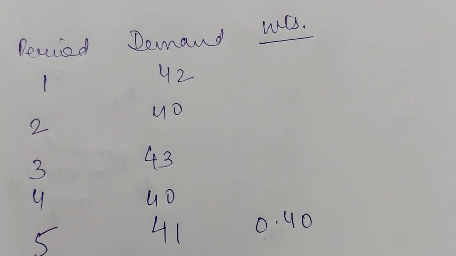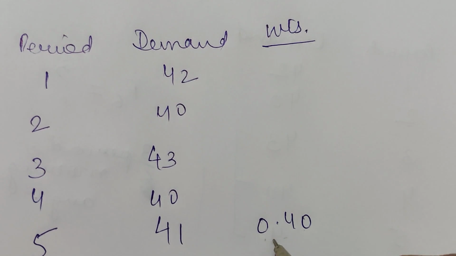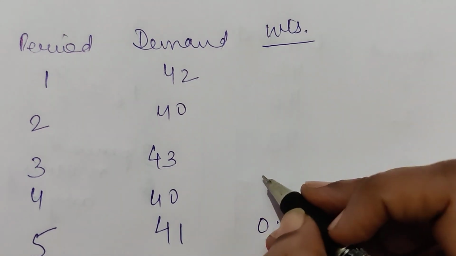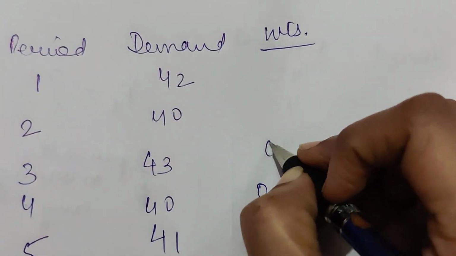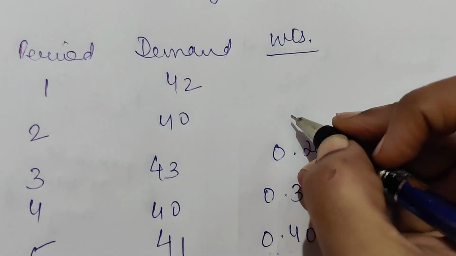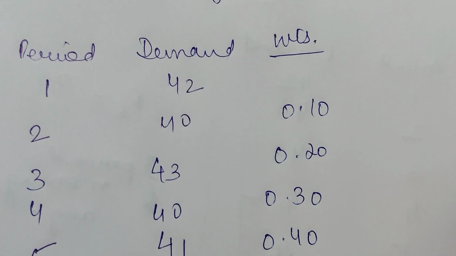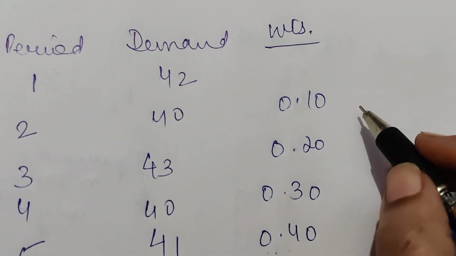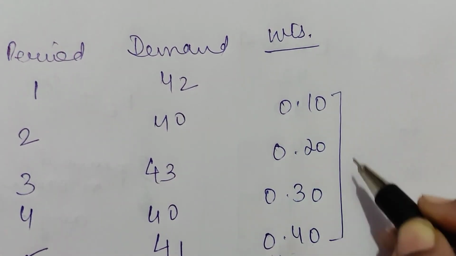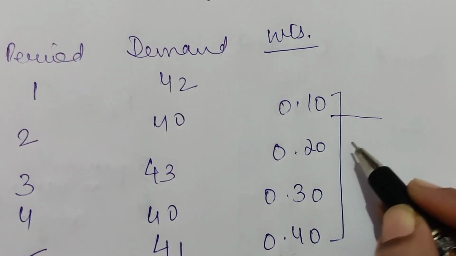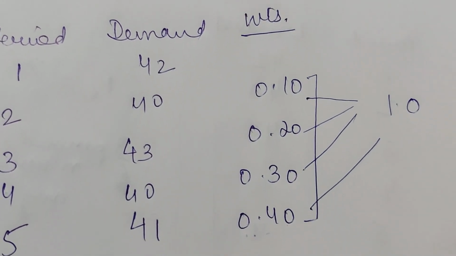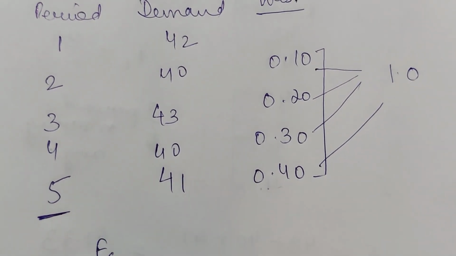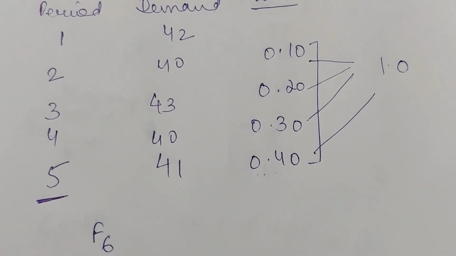Most recent period is 5, so 0.40 will be the weight of period 5. Then they are saying 0.30 for the next most recent, then 0.20 for the next and 0.10 for the next, right? Now you have to always make sure that the total of these weights should always be equal to 1, right? Now they are asking you to calculate the forecast value of the 6th period.